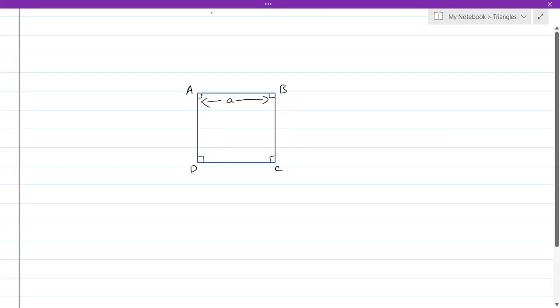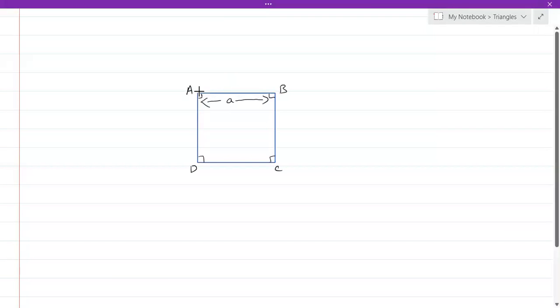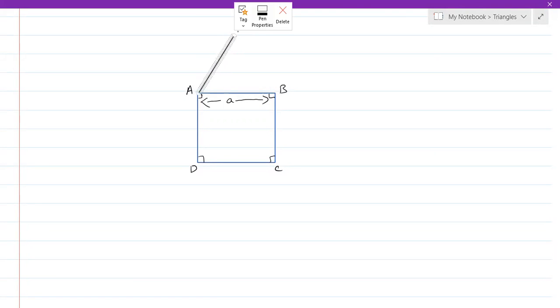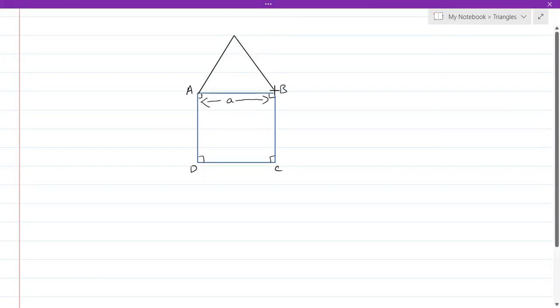Now let's take one side of the square. Let's take AB and construct an equilateral triangle there. So from here let me draw a line, and from here let me draw this.